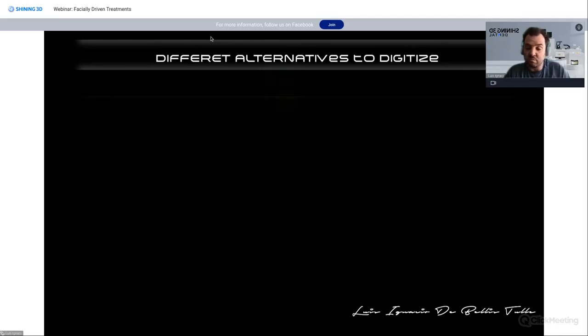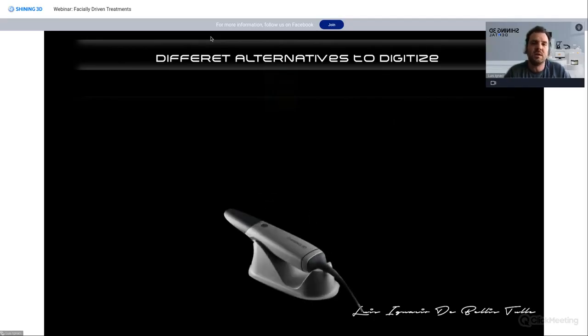Maybe for some of you what I'm going to say will be familiar, but for example, you can scan the face of the patient, if you have some time and you have worked with the software of the intraoral scanner. You can deactivate or disable the artificial intelligence, and if you put some tracking points on the face of the patient, you will be able to make a decent facial scan.